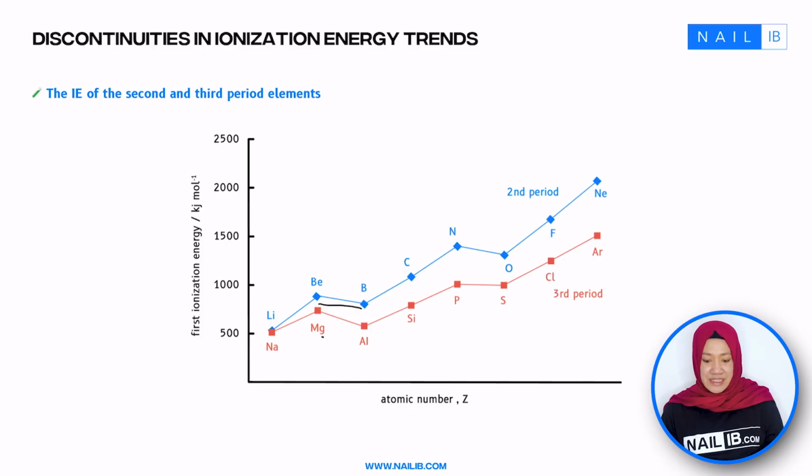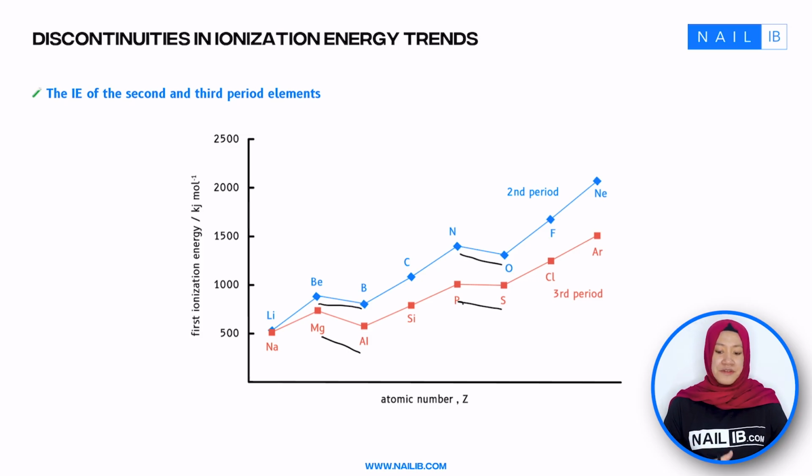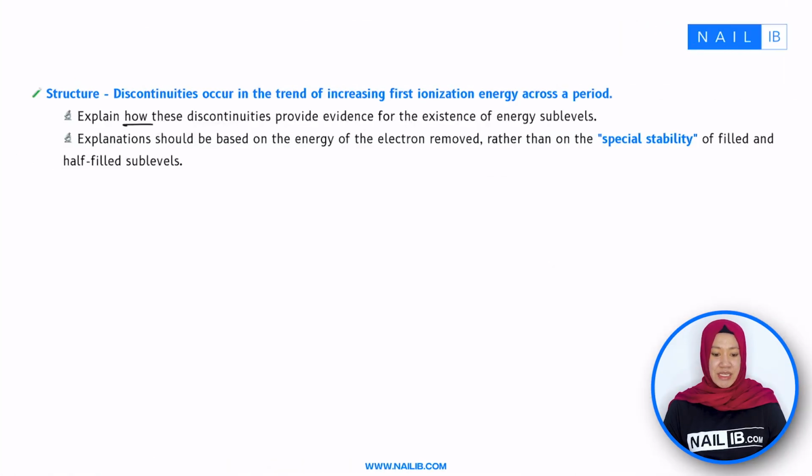The same thing with Mg and Al, and the same thing with N and O and P and S. So basically, the discontinuities occur between group 2 and group 13 and group 15 and group 16. So the explanation should be based on the electron removed instead of the full or half-full sublevel.